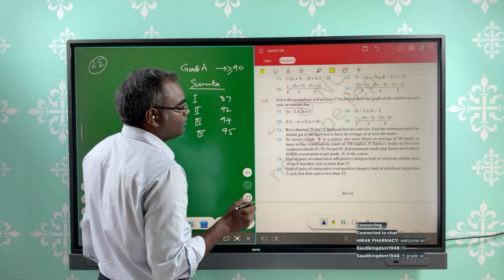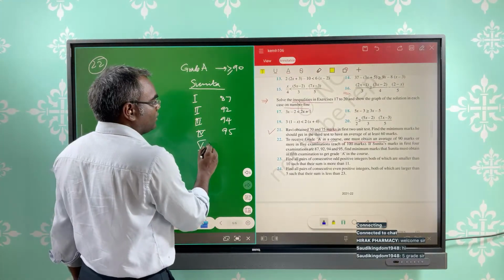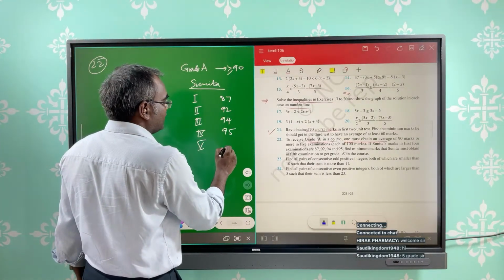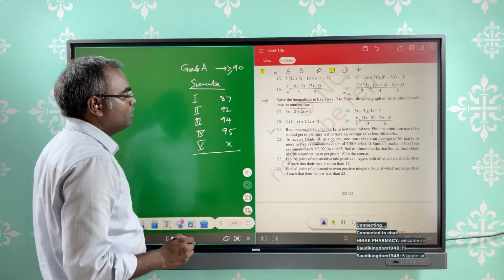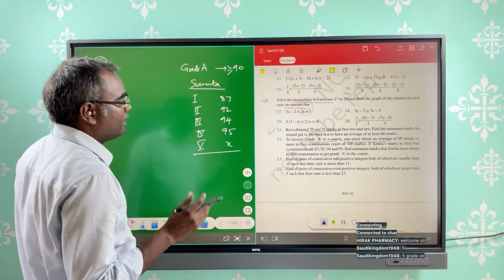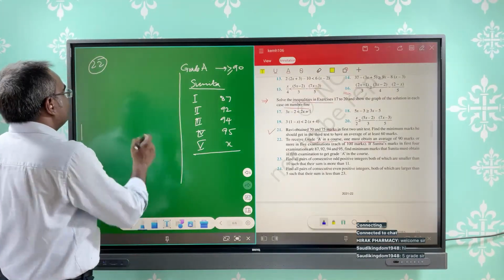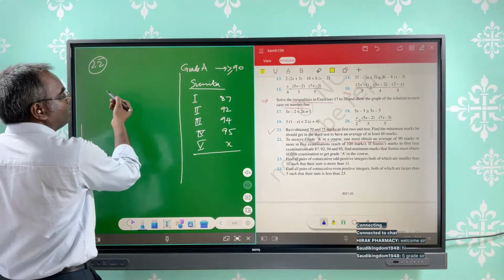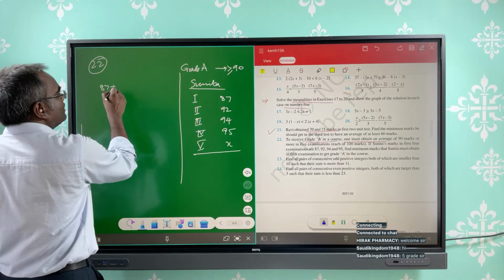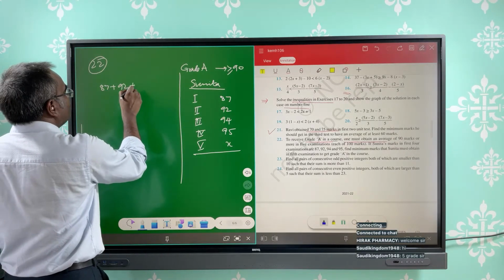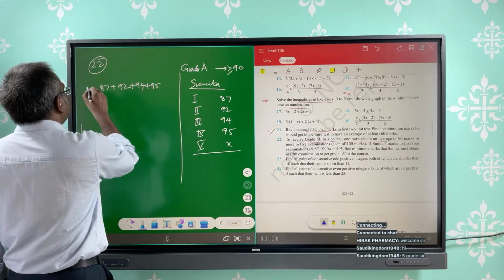So what should be the minimum marks that Sunita must obtain in the fifth examination to get grade A? Let X be the marks she should get to get grade A in the entire course. So we'll take the average of all these five: 87 plus 92 plus 94 plus 95 plus X.